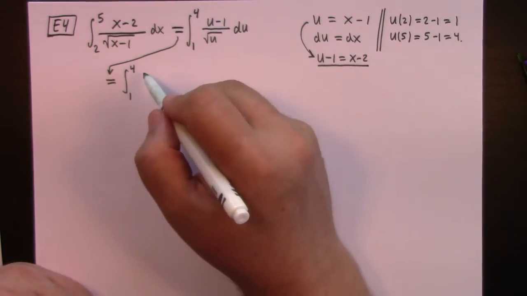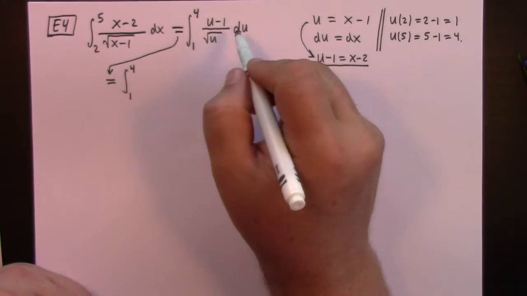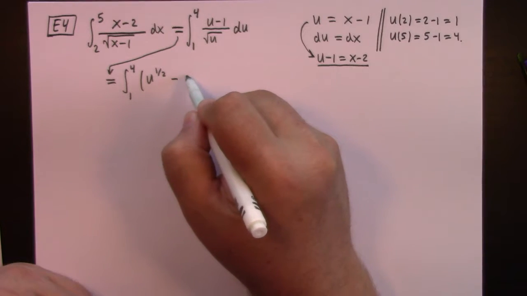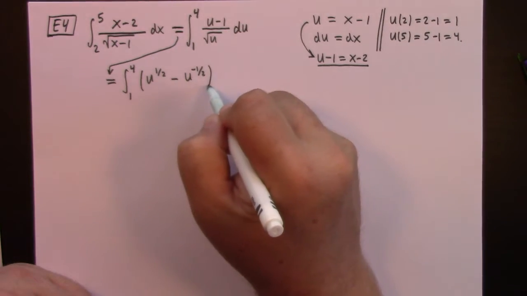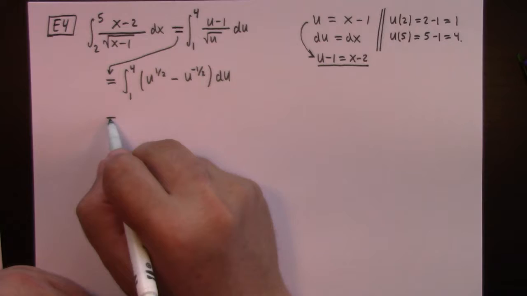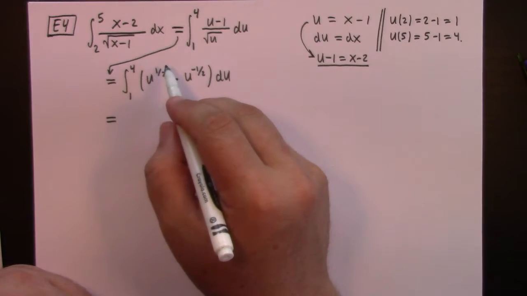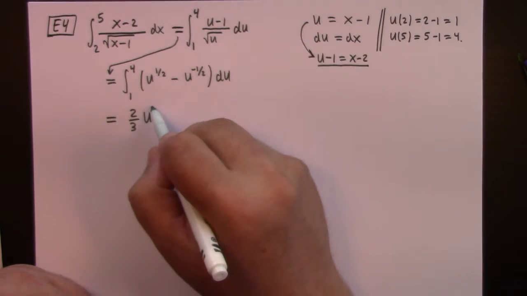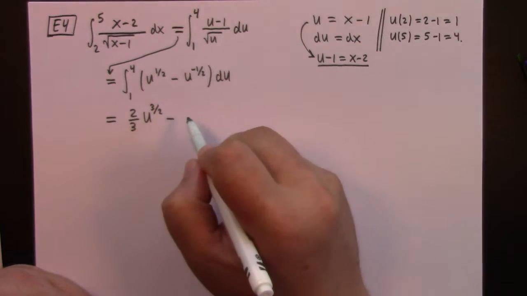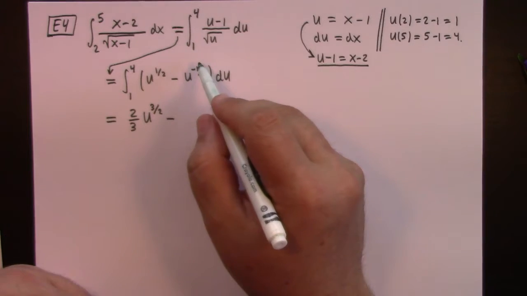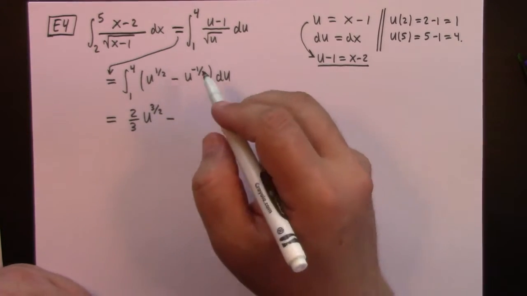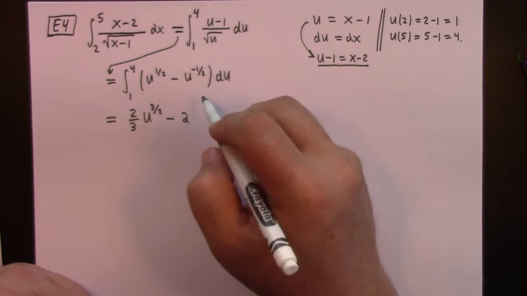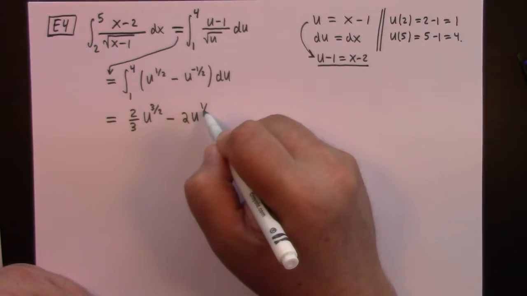Let's see here. So that's u to the 1/2 minus u to the minus 1/2 du. All right, so 1/2 plus 1 is 3/2, so it's 2/3 u to the 3/2 minus, minus 1/2 plus 1 is 1/2, which is 2, 2u to the 1/2.